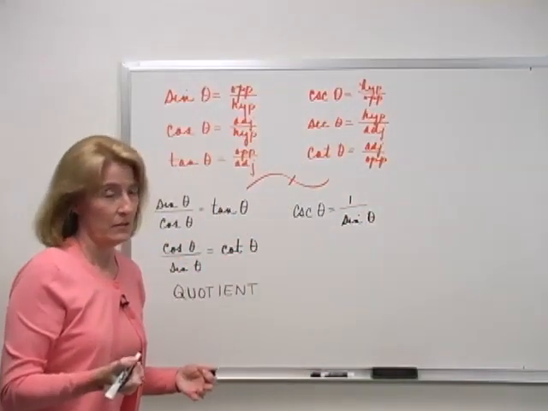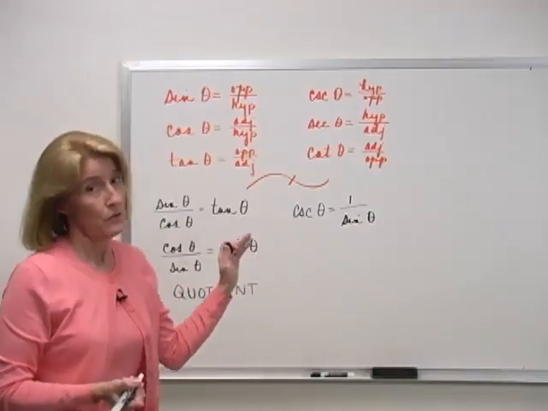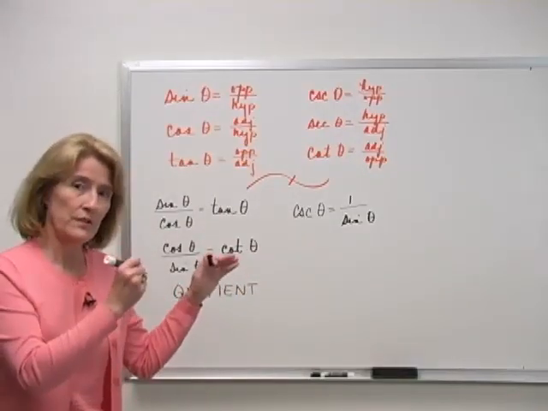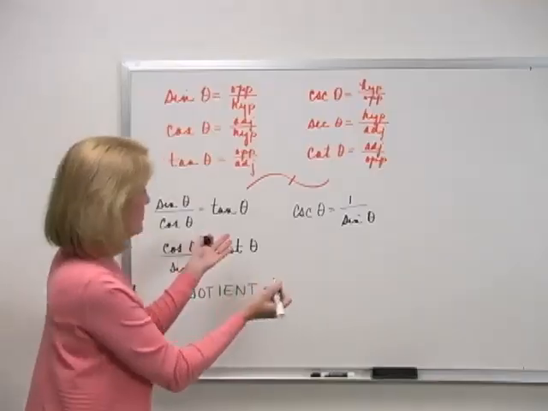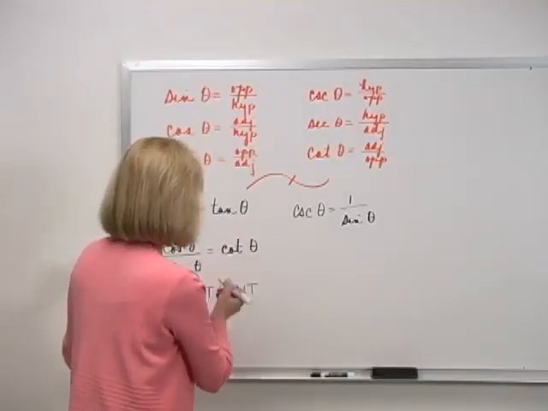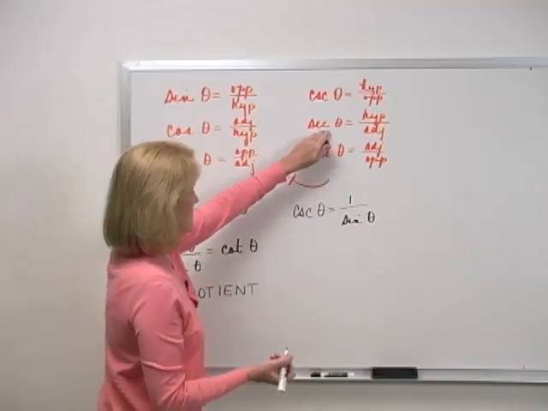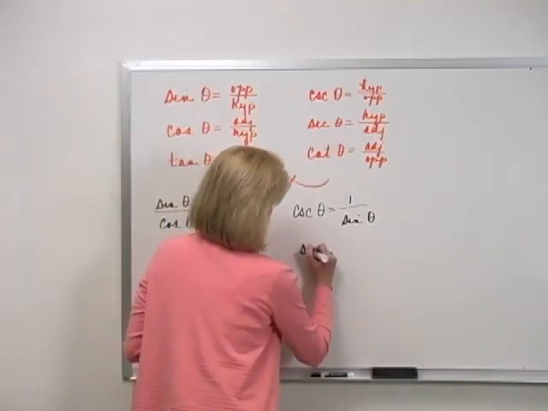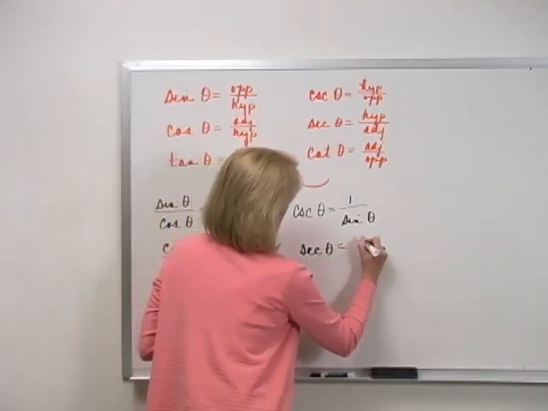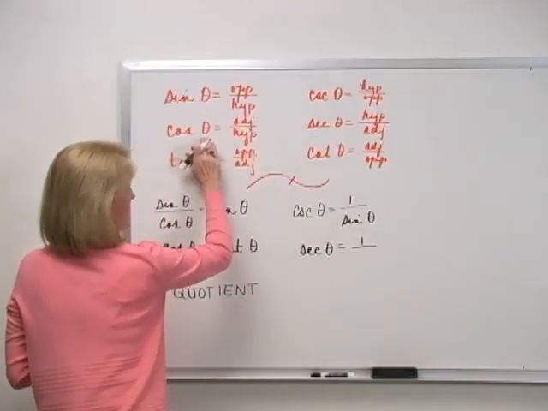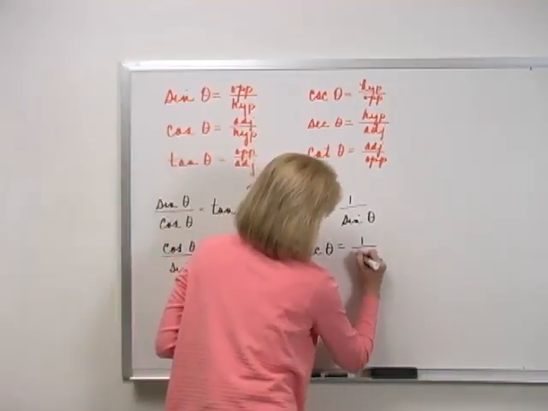And for that matter, the sine of theta is equal to 1 over the cosecant of theta. But once you learn the identity one way, of course, you can simplify it to get the other one. Okay, what else do we see? Well, we see that the secant of theta is equal to 1 over what? Cosine.